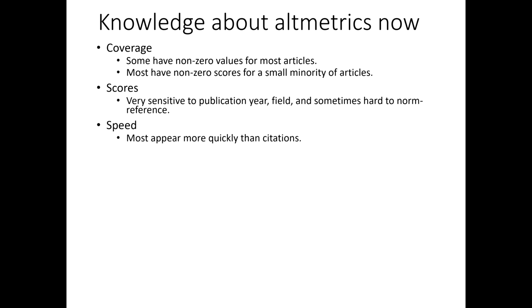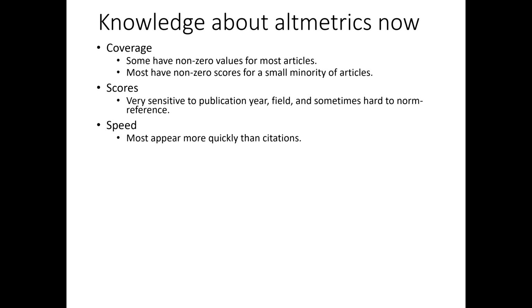Speed. Almost all Altmetrics are much quicker to appear than citations. So if you're after evidence of some kind of impact, then Altmetrics are likely to give that evidence before citation counts do. And that's very important for research, because the gap between doing research and getting it published is already likely to be about a year at least.